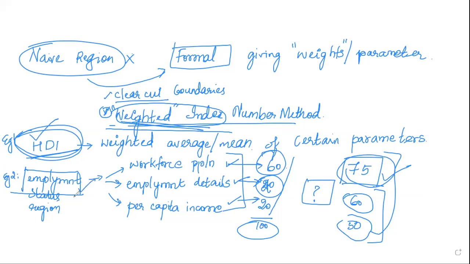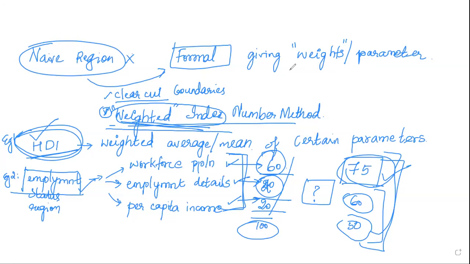If I have to calculate the employment status of a particular region, I can take these three parameters, give a particular weight to each of them, and compare different regions on the basis of the weighted average that is generated. All right. So this is the weighted index number method.